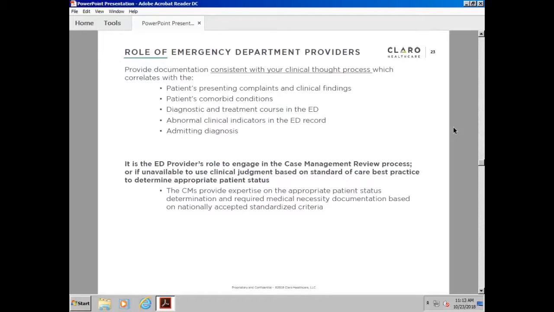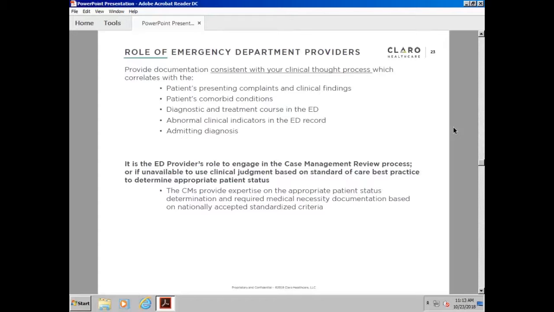So we know we need from you the patient's presenting complaints and the clinical findings that you see, those comorbid conditions, your treatment course. Why are you giving that med? What are you doing? Why are you ordering that test? What are you suspecting? Sometimes when I review records from other clients, we don't know why they're deciding to do that MRI, or why they're doing a Doppler, what are you suspecting?